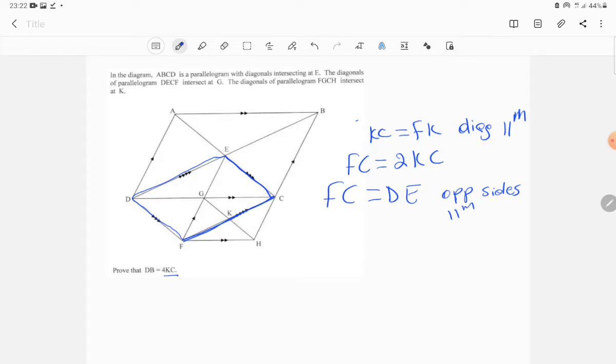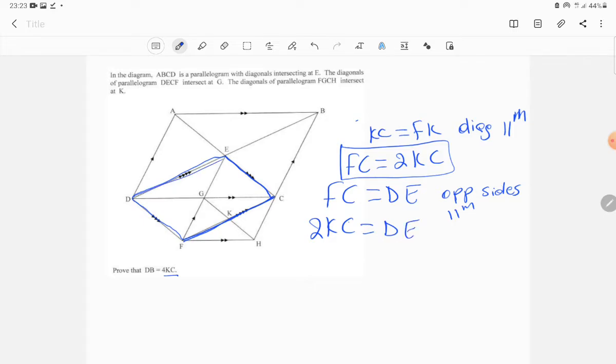Now in the place of FC, I will put 2KC, because FC is equal to 2KC. So 2KC is equal to DE. So this is what we have.